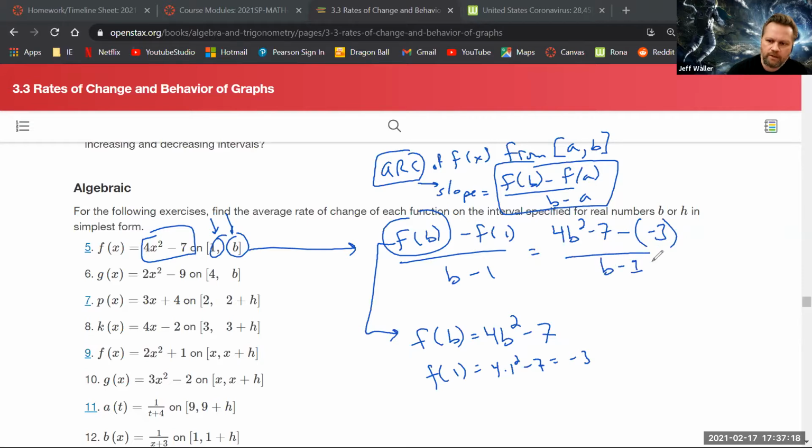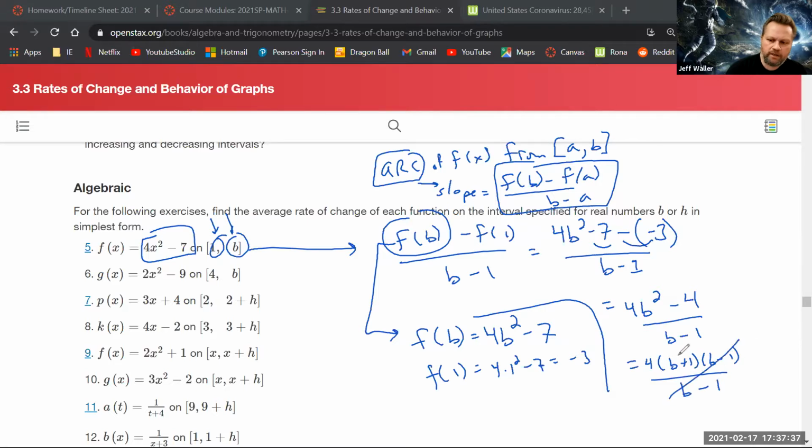Now watch what really nice thing happens. I get 4b squared minus negative 7 plus 3, which is negative 4. And then I can factor this. I did that in my head, but you've got to show some work anyway.